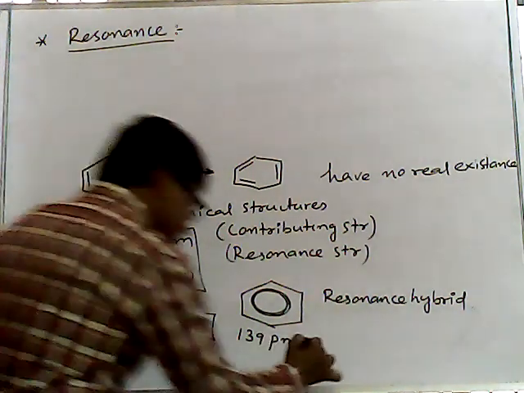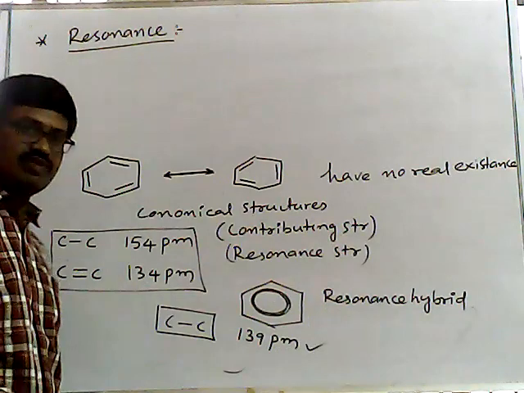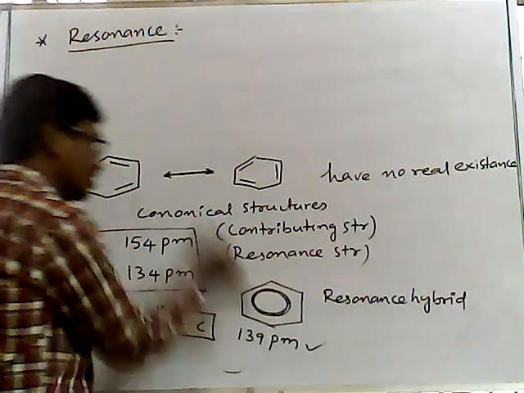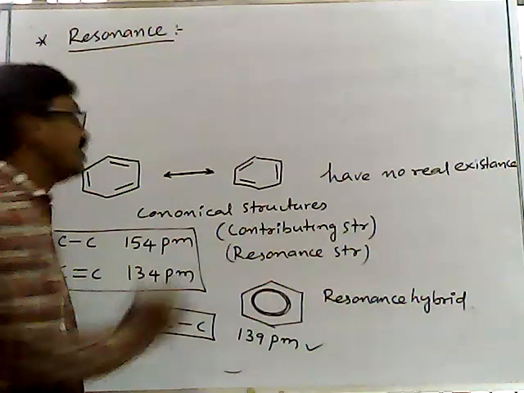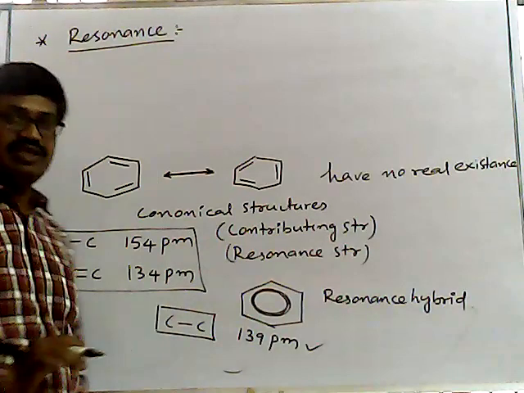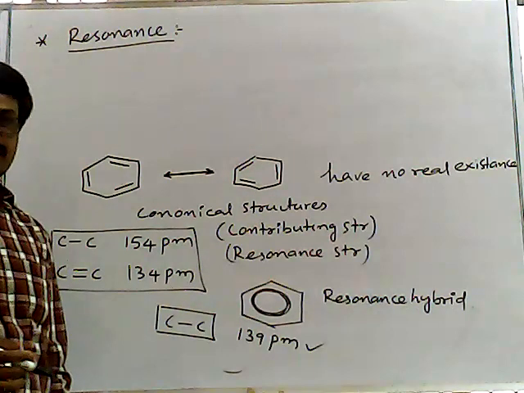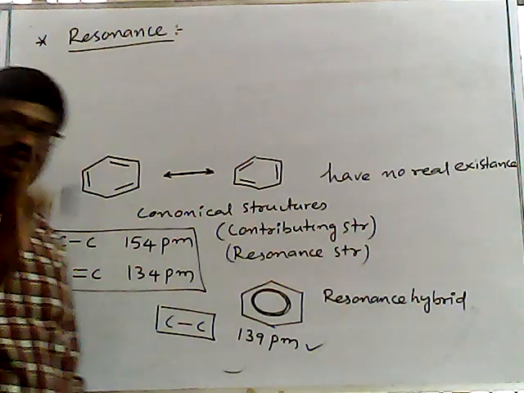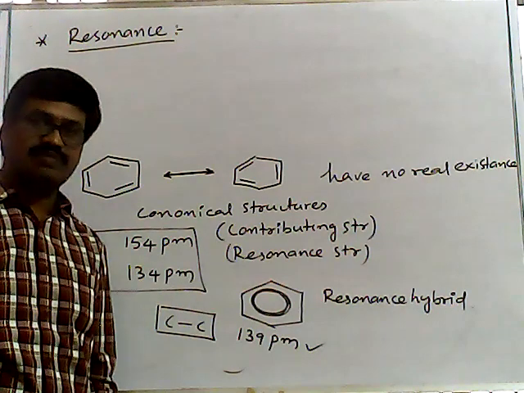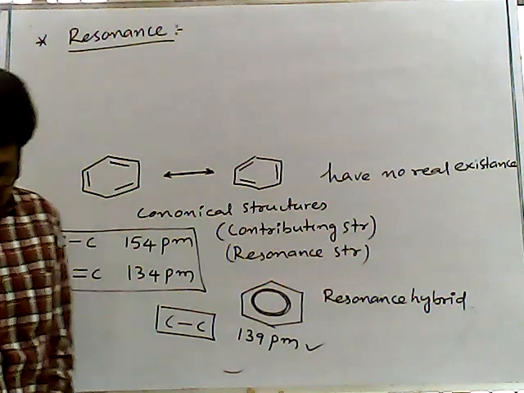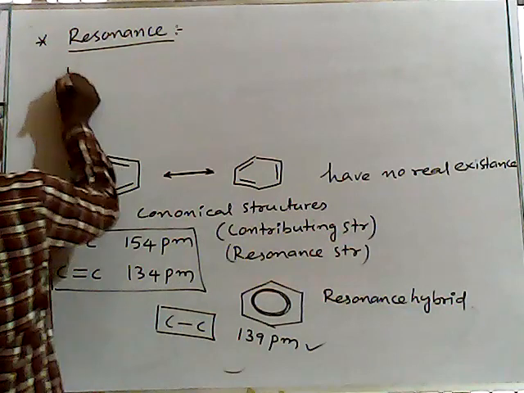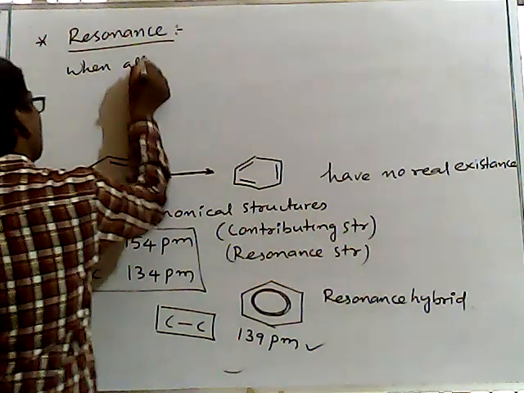To explain this property, which is a physical property, we need these two structures. So resonance is nothing but writing more than one structure, because by using one structure it is not possible to explain the properties.